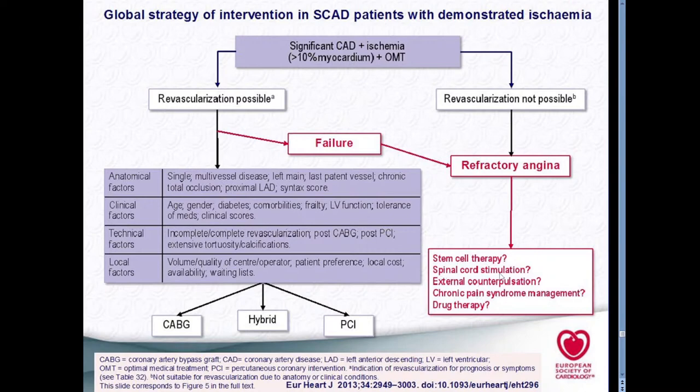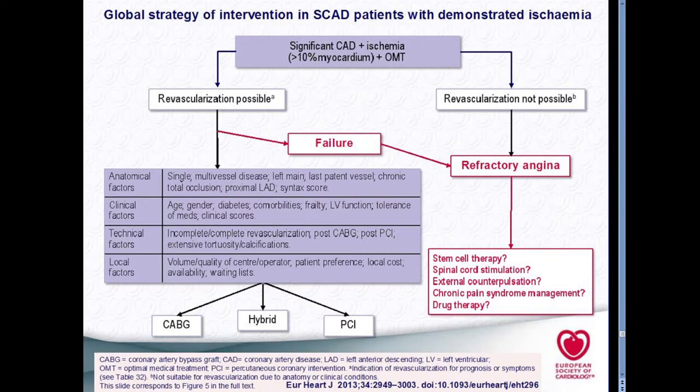Some experimental methods like spinal cord stimulation, and the very popular approach, the usage of stem cell therapy. We really don't know the efficacy of such an approach, but in any case, we have to attempt to improve the coronary circulation in these patients.